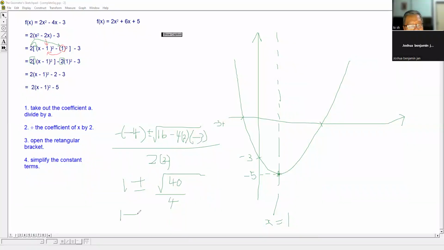So it's 1 plus or minus, take out 4, becomes square root of 10. Square root of 10, then this one is 2.